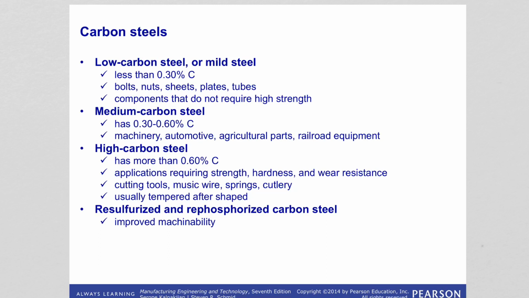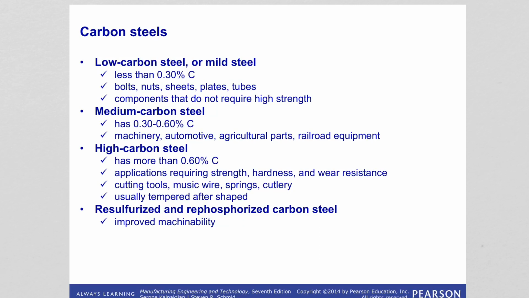So the carbon steels are divided into 4 types. One is low carbon steel, or we call it mild steel, and then medium carbon steel, and high carbon steel, and resulfurized or rephosphorized carbon steel. So what are the characteristics of those? Those are important, right?